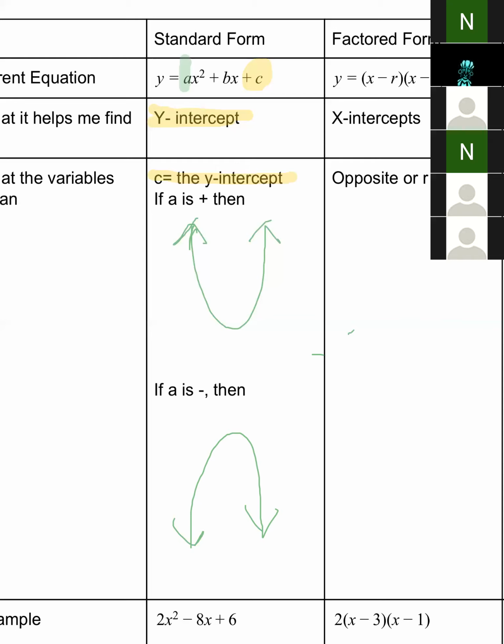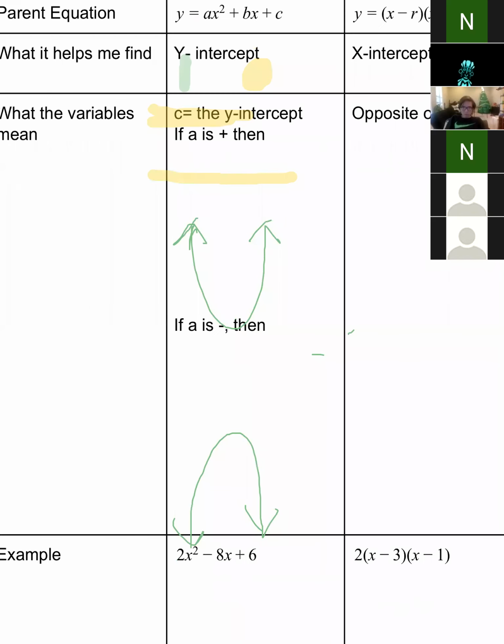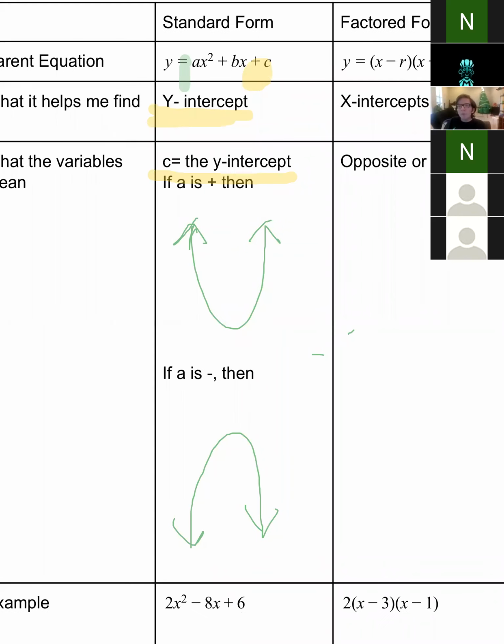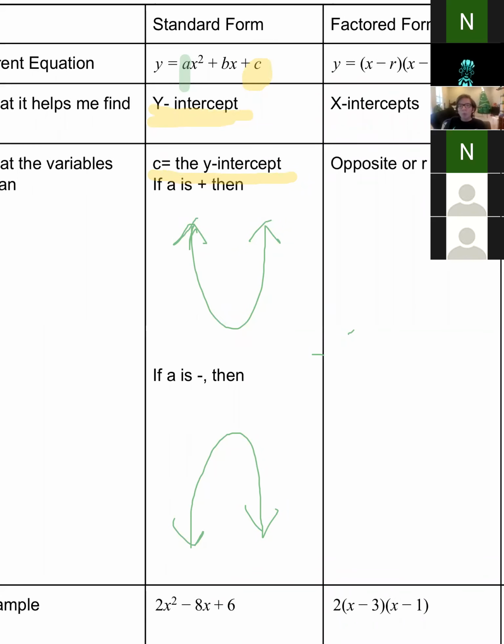So the number that Hudson just said, 6, if you look at your equation, where do you see the number 6? You see it on the y-axis. Yes, in your equation. It replaces C. Where the C is.